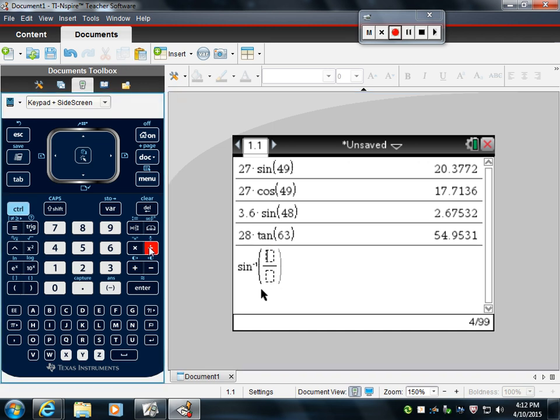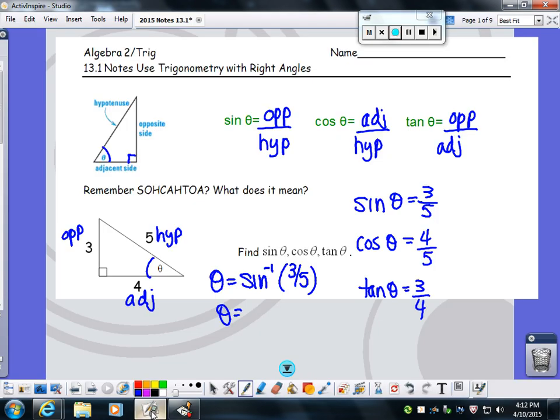Make sure it's all in parentheses. This is going to give us an angle measurement. So hit enter, and typically you round angles to the nearest degree. So this is going to be approximately 37 degrees.